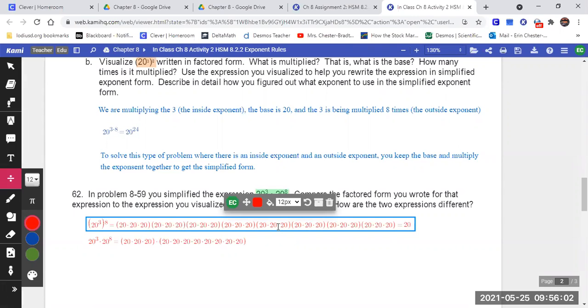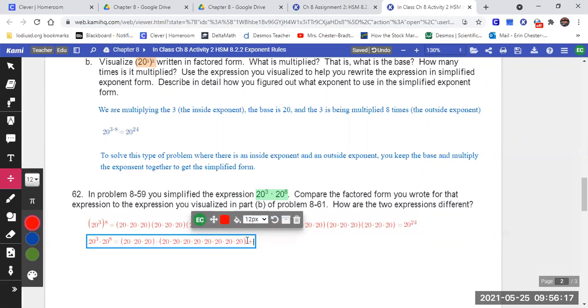How many 20s? 20 to the how many? 24. Okay. Then if we look at the second one and we count all the 20s, what do we have? 20 to the what? 11th.